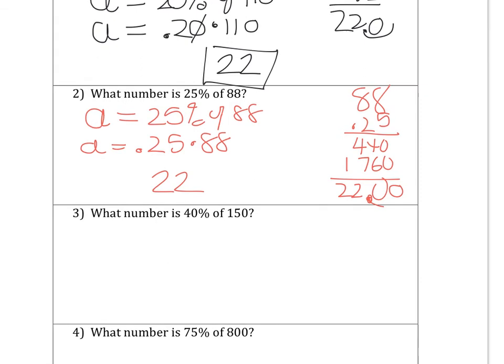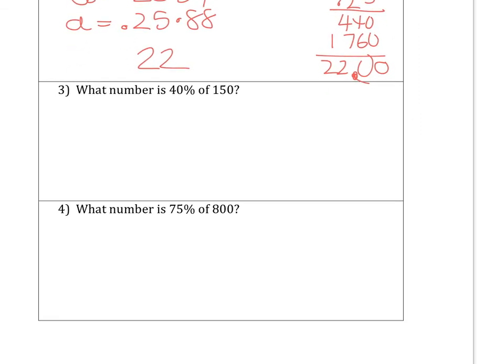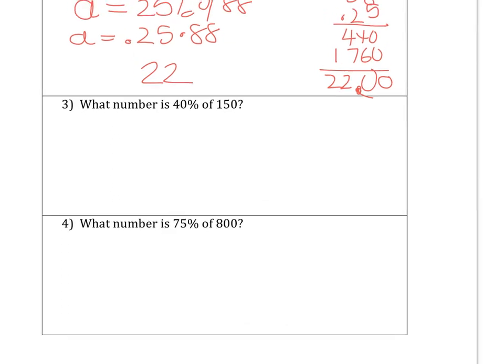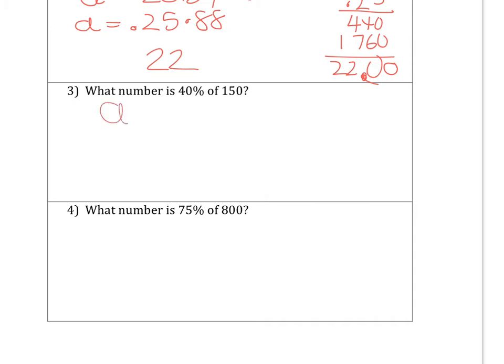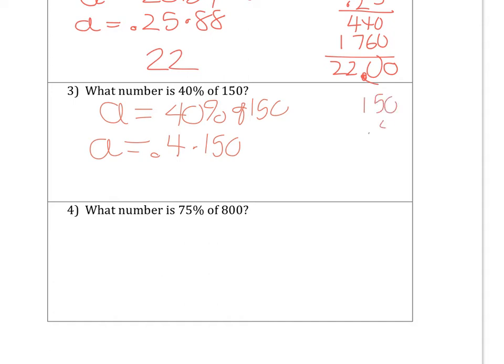For the third one, you can go ahead and do the last 2 and then check your answers for those. So what number is 40% of 150? I am doing A equals 0.4 times 150, and that's going to be 150 times 0.4, which comes out to be the number 60.